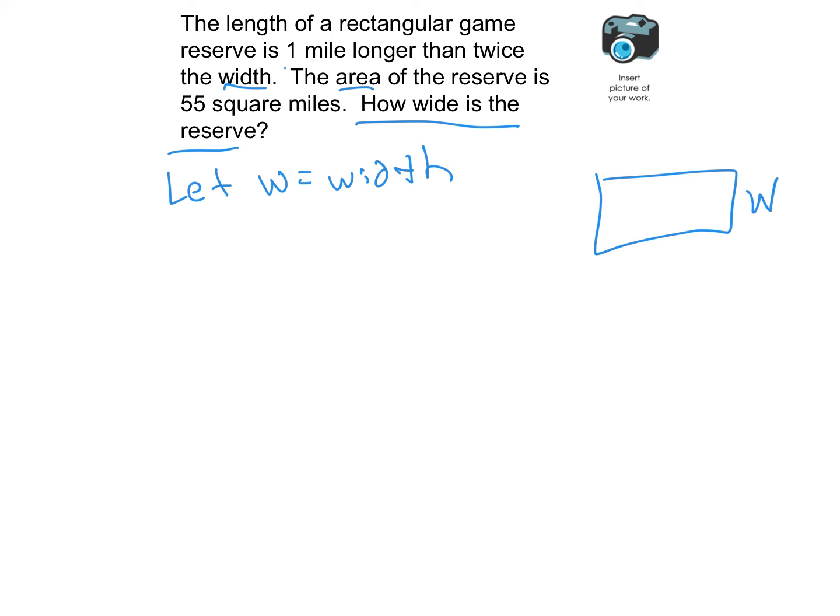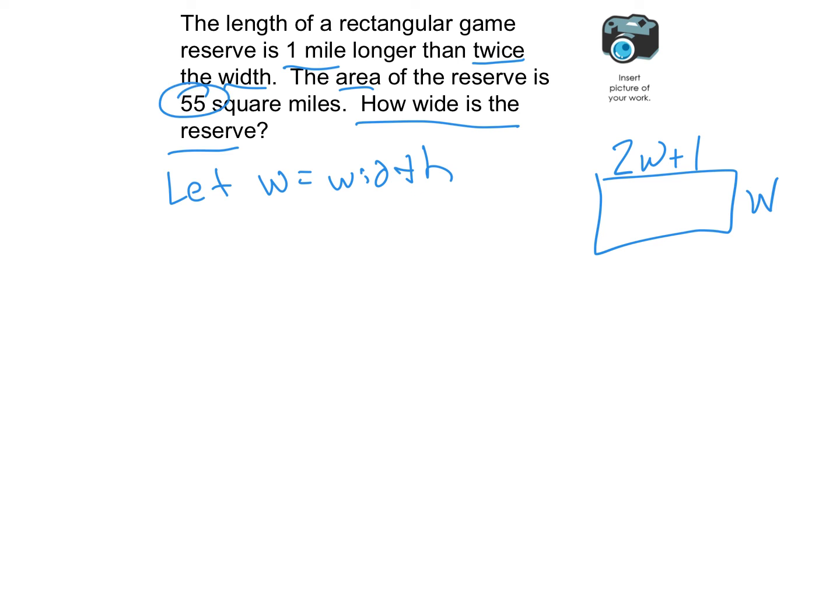Okay, so how wide is the reserve? The width is what I know the least about, so I'm going to set my variable equal to the width. I'm going to draw my picture. That's my width. The length is 1 mile longer, so +1, then twice the width. So twice the width plus 1 is my length.